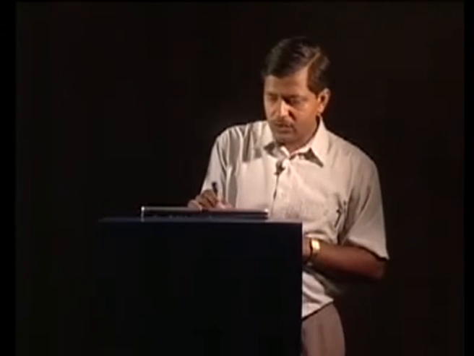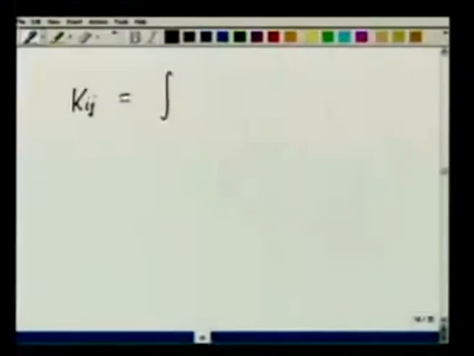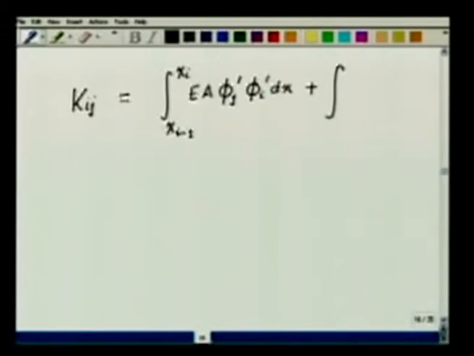So what we'll have is Kij will be equal to the integral, as we had done there, from x I minus 1 to xi of Ea phi j prime phi I prime dx, plus the integral from xi to xi plus 1 of Ea phi j prime phi I prime dx.